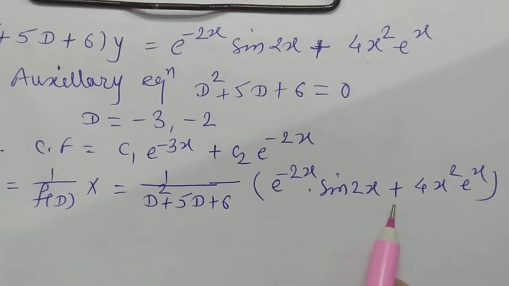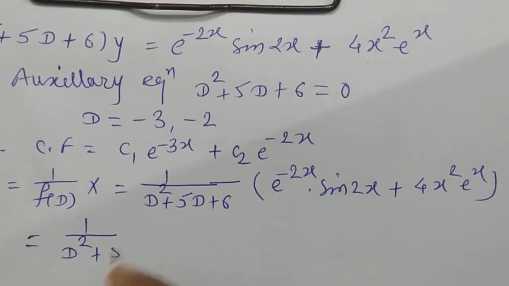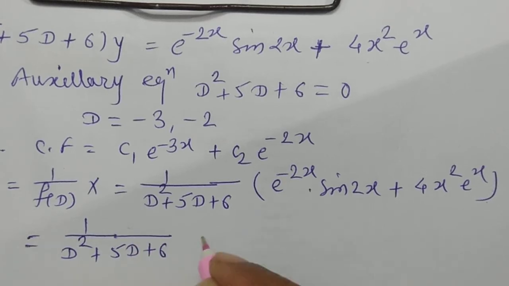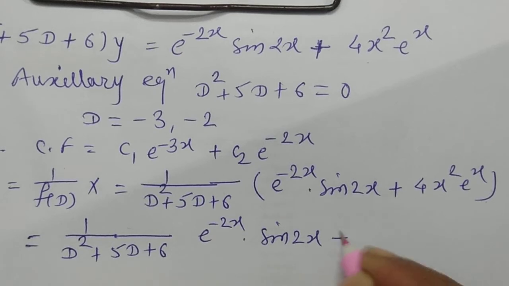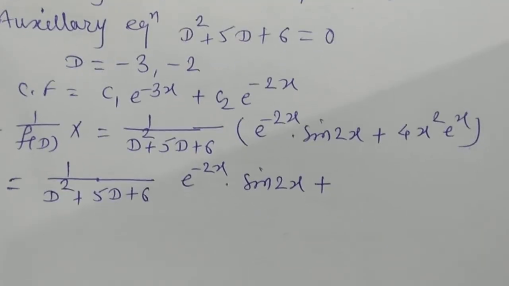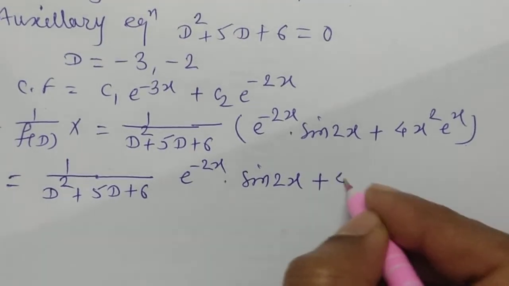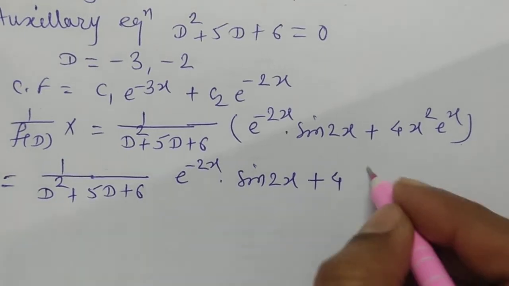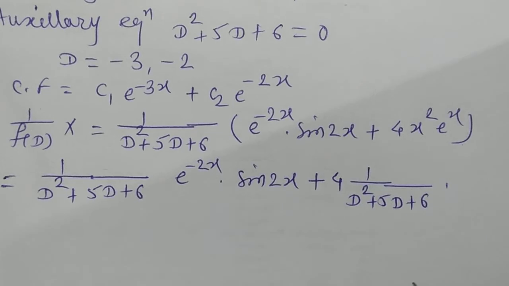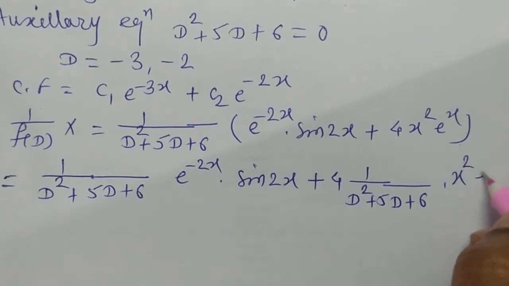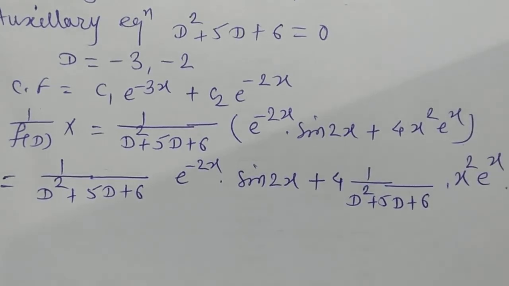Here we have two terms separated by plus, so we have to write this operator for both the terms. So it is 1 upon D square plus 5D plus 6 of e raised to minus 2x into sine 2x, first term, plus in the second term this 4 is constant, so we'll take it out. Operator 1 upon D square plus 5D plus 6 into function x square e raised to power x.